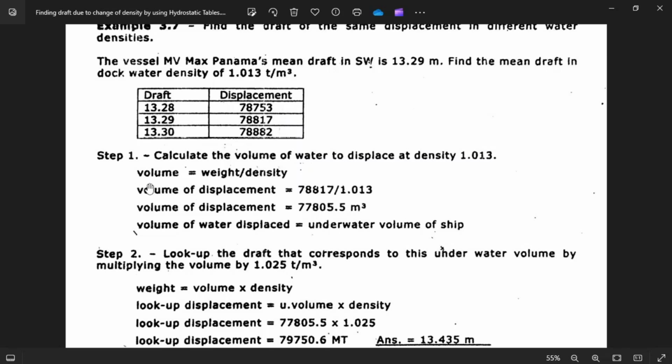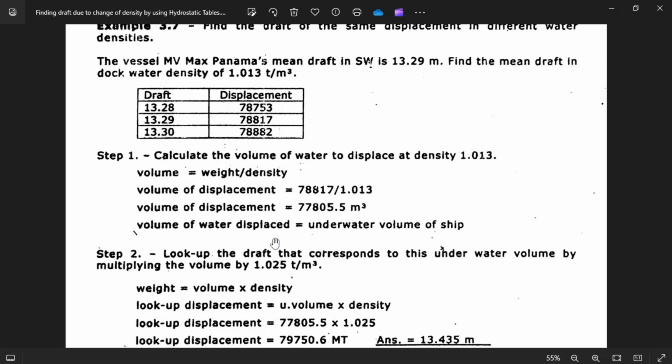So volume is weight over density. So volume of displacement equals the weight, which is the displacement, over your density of 1.013. And the answer to that will be volume of displacement is 77805.5.